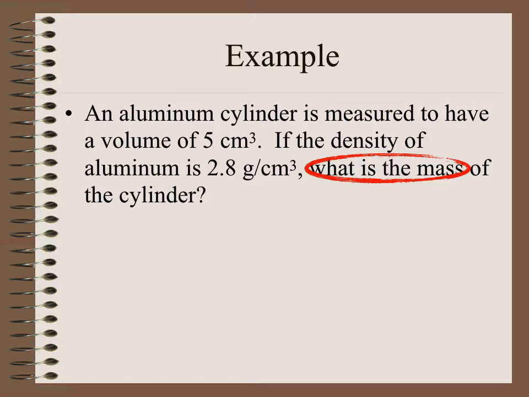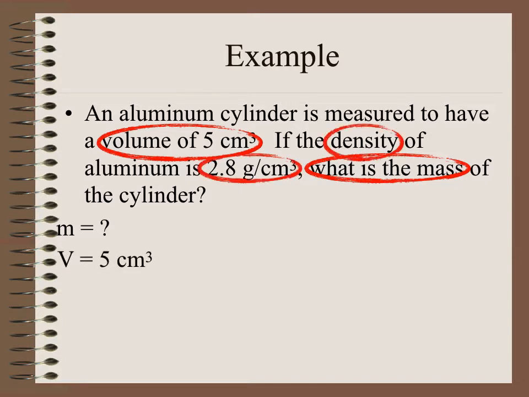So this is a case where reading the problem very carefully is going to be important. You just can't go in and try and grab numbers. So by knowing that we're looking for the mass, we now have to go back and see what else we have. We have a volume, 5 cubic centimeters, and a density of 2.8 grams per cubic centimeter.